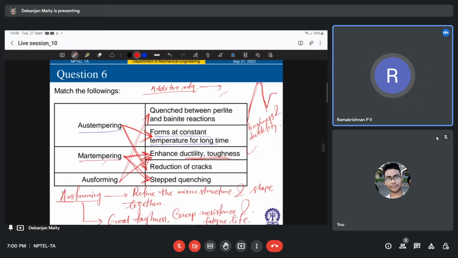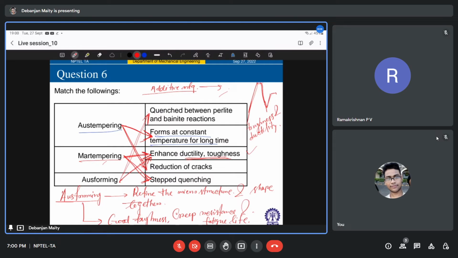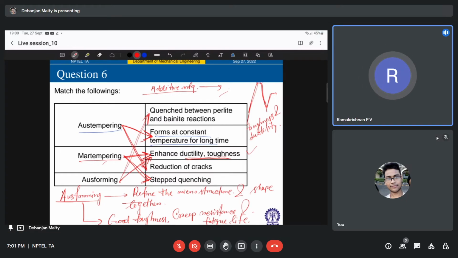Yes, it improves ductility and toughness. And what about the reduction of cracks? What is the basis, or what are the processes that will lead to the reduction of cracks? Is there any clear distinction between the properties which define reduction of cracks and the processes that differentiate crack reduction and enhancing the ductility or toughness?